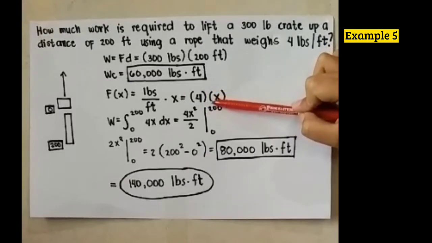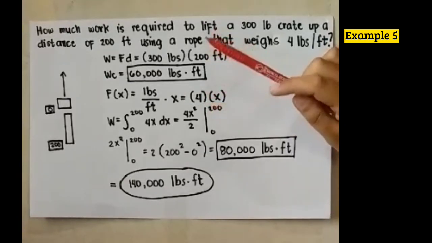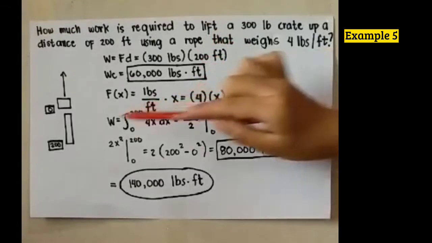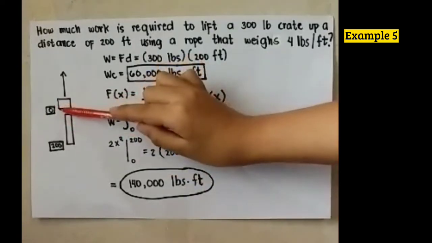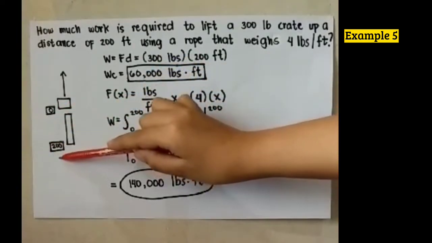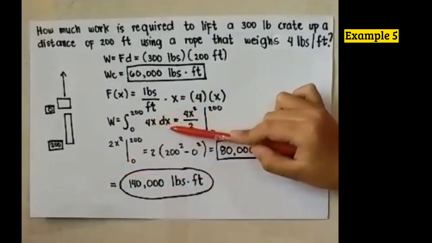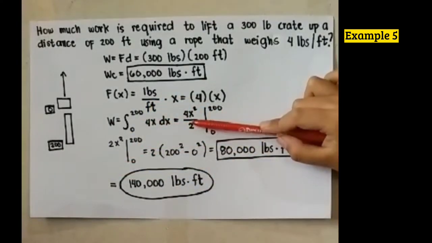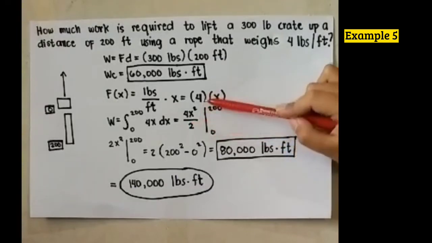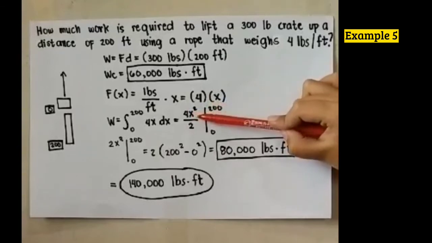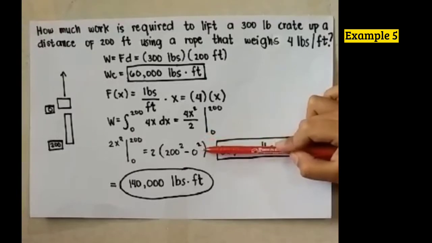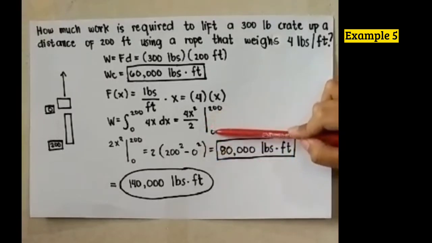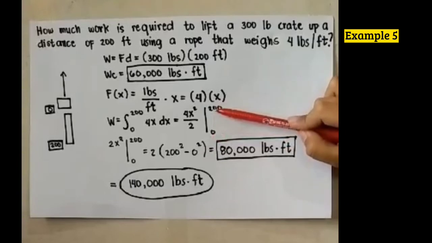So the work required is the definite integral from a to b, from 0 to 200, of 4x dx. The antiderivative of 4x is 4x squared over 2, evaluated from 0 to 200.